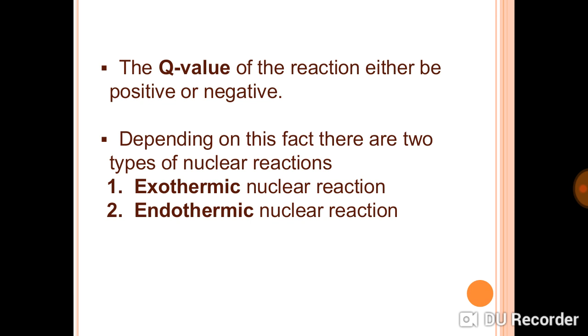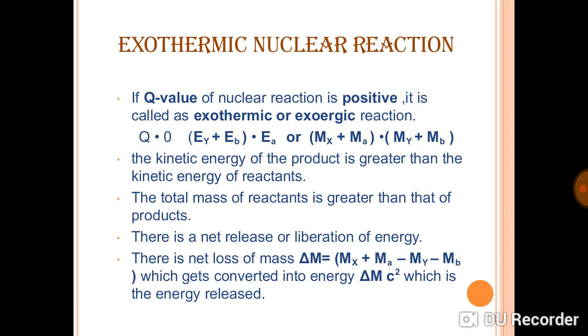The Q value of reaction can either be positive or negative. Depending on this fact, there are two types of nuclear reactions: exothermic nuclear reaction and endothermic nuclear reaction. If the Q value of a nuclear reaction is positive, it is called an exothermic or exergic reaction.